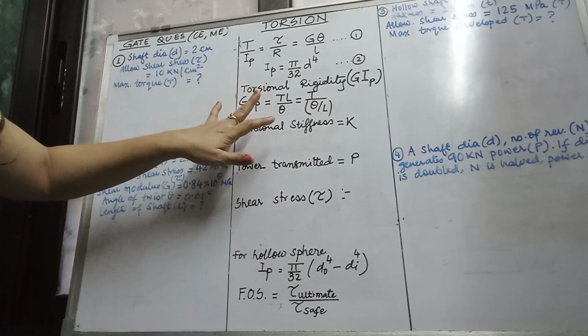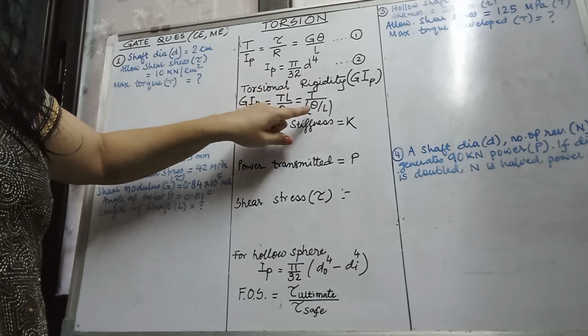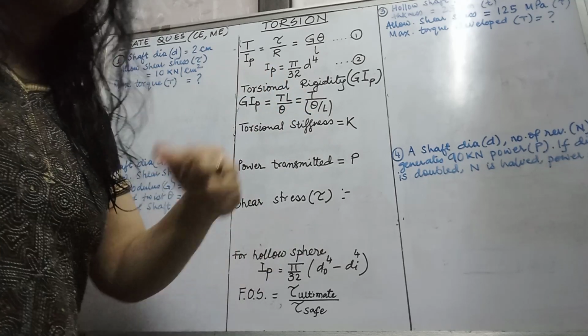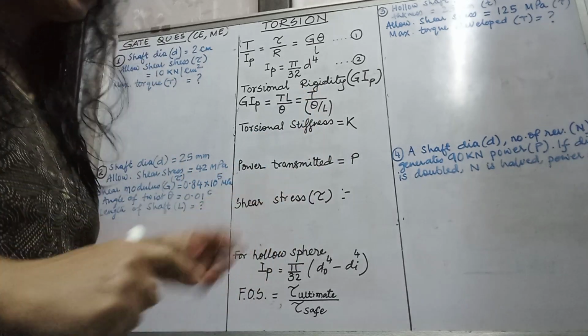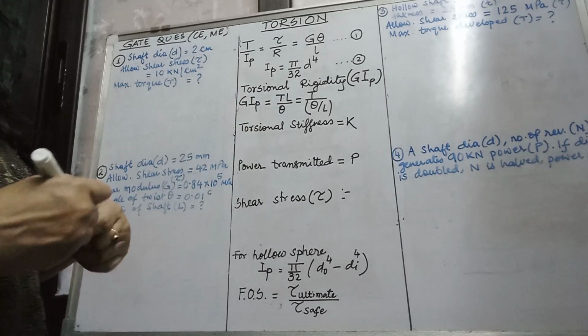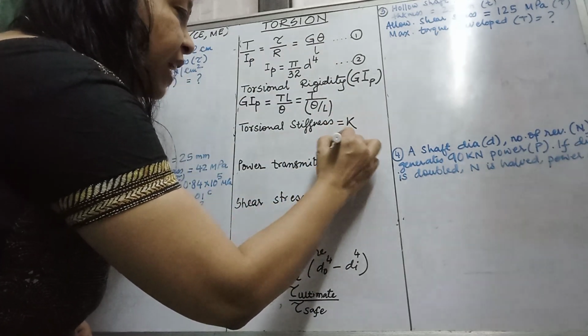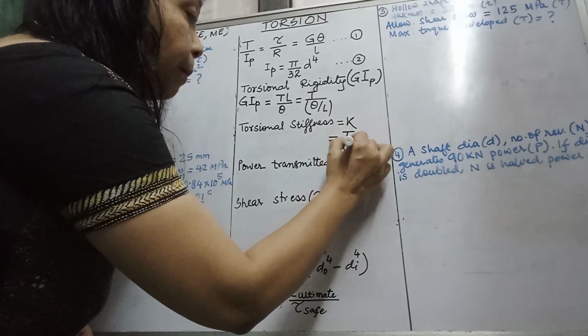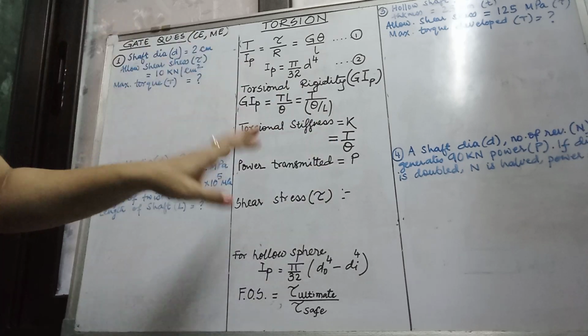Torsional rigidity is the torque required to produce unit angular twist for a unit length of a shaft. Next is the torsional stiffness, denoted as K. K is equal to T by theta.